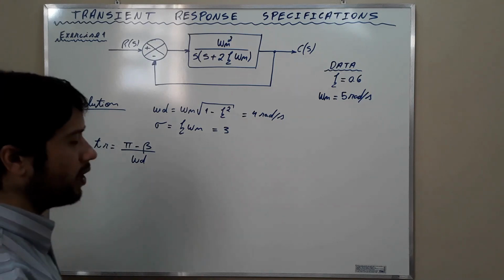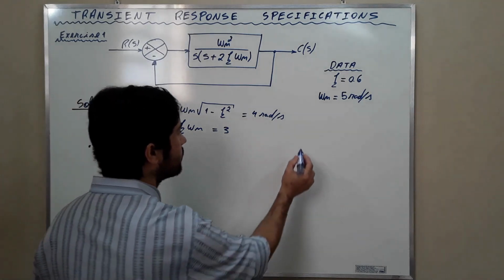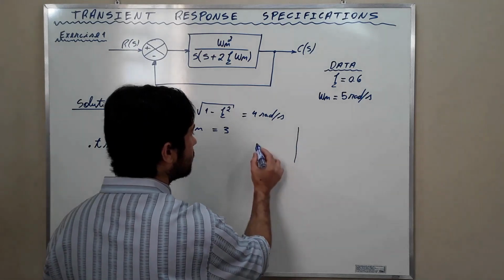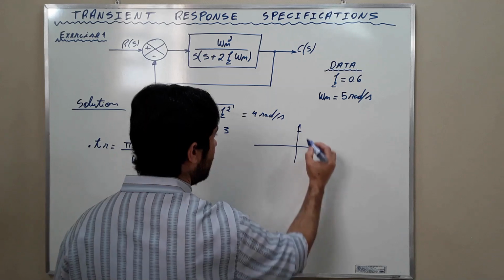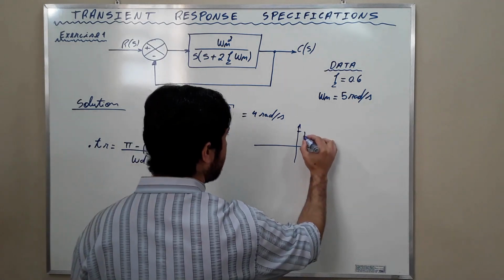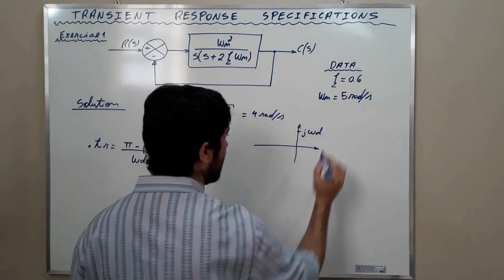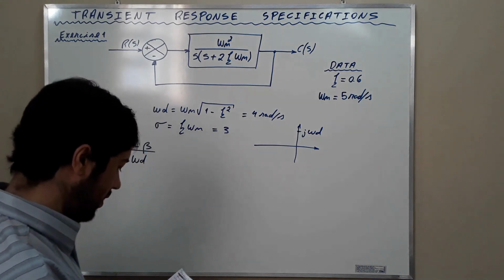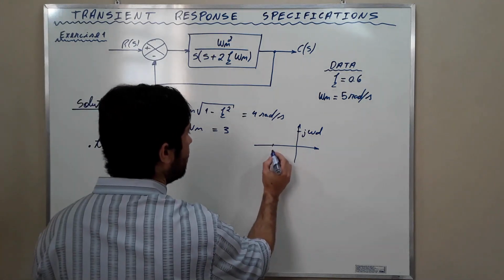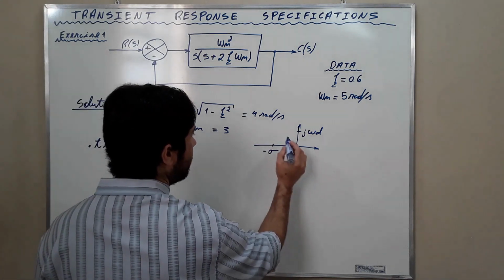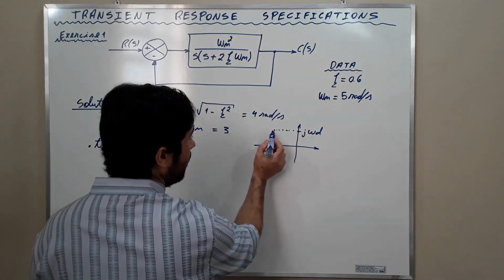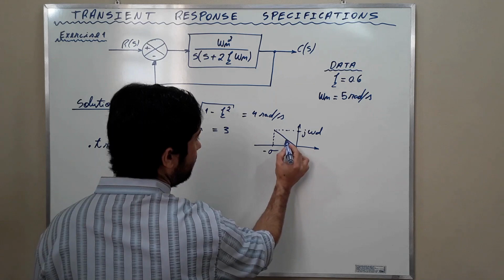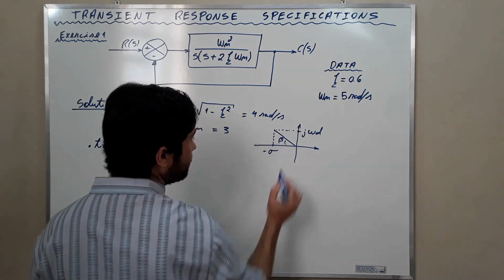Beta can be calculated as follows: here is j Wd, and here negative sigma. Beta is this angle here. Okay?